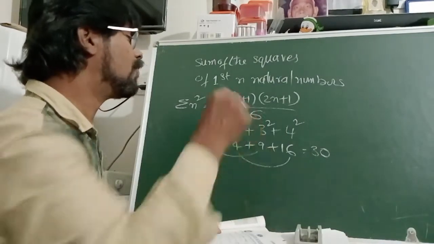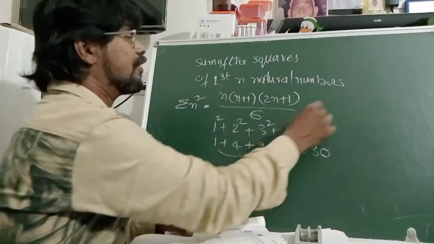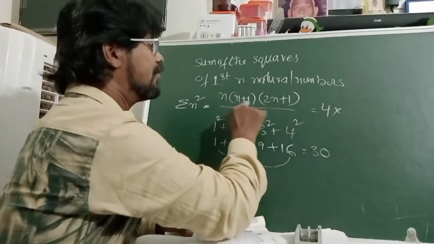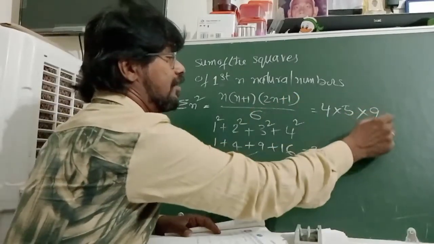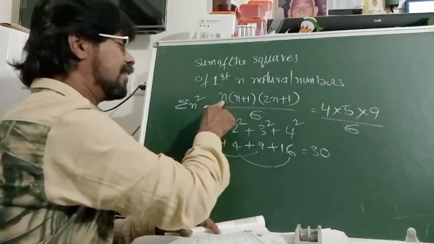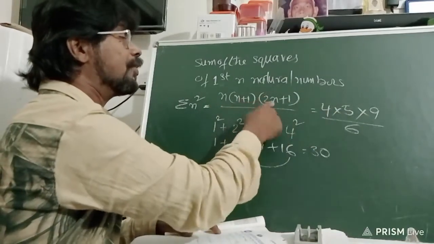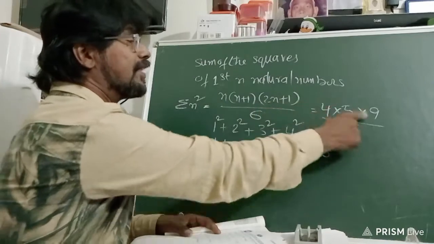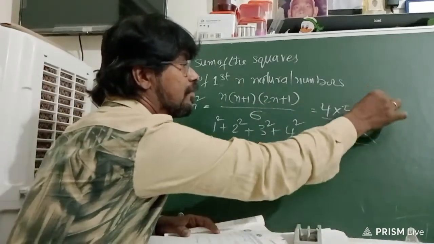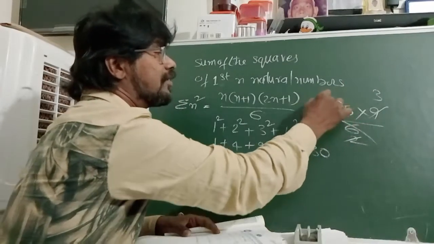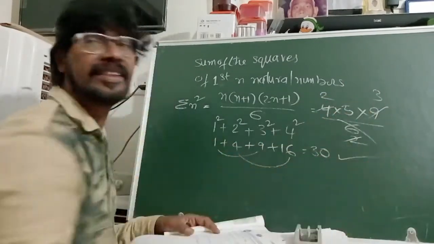Now we go for the formula. n here is 4: 1, 2, 3, 4. So 4 into 5 into 2n plus 1, that is 4 twos are 8, 8 plus 1 is 9, divided by 6. 2 fives are 10, 10 threes are 30. This is the answer.